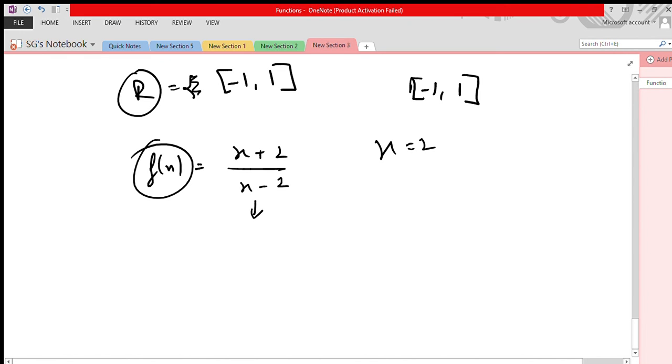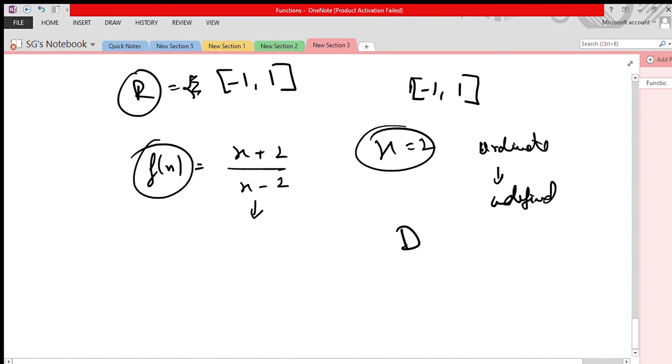So the value of the function becomes undefined, or the ordinate for the abscissa x equals 2 becomes undefined, right? So what will be your domain now? You can use all real numbers except 2.